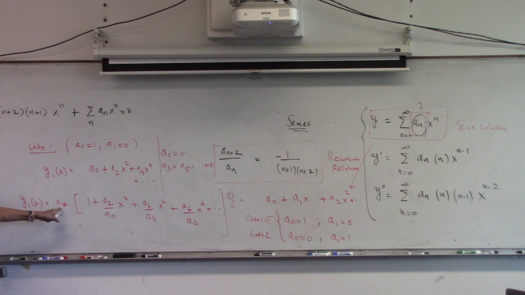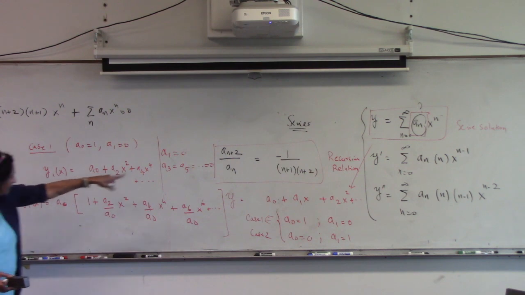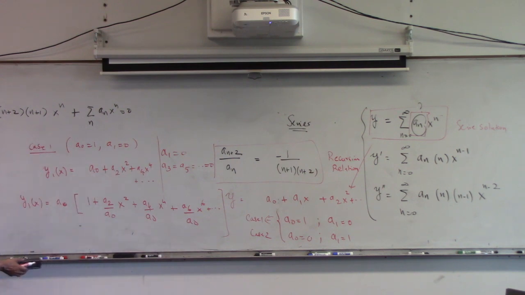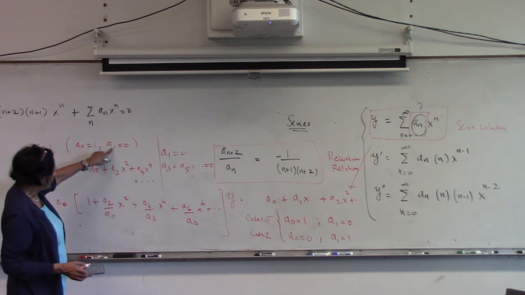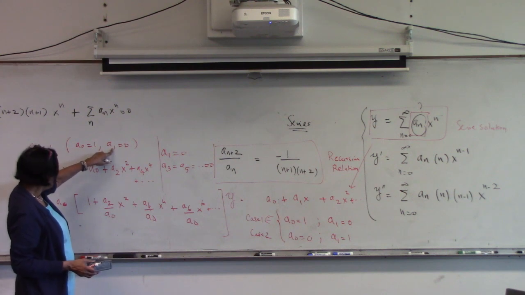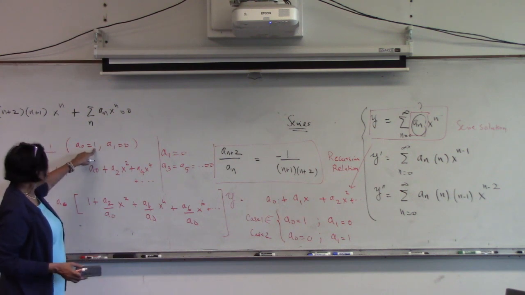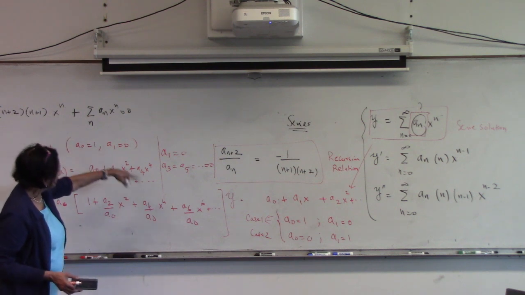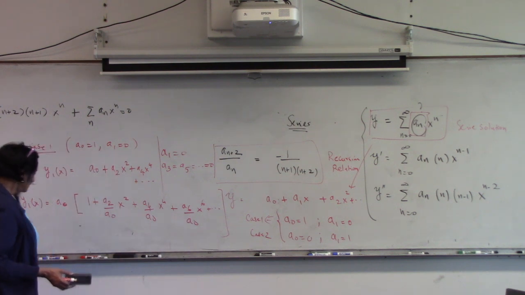Of course, I can take a0 equal to 1. That's what we'll do, but I kept it general right now. All I'm saying is, if you put a1 identical to 0, and a0 not equal to 0, then I will have all the odd terms disappearing.